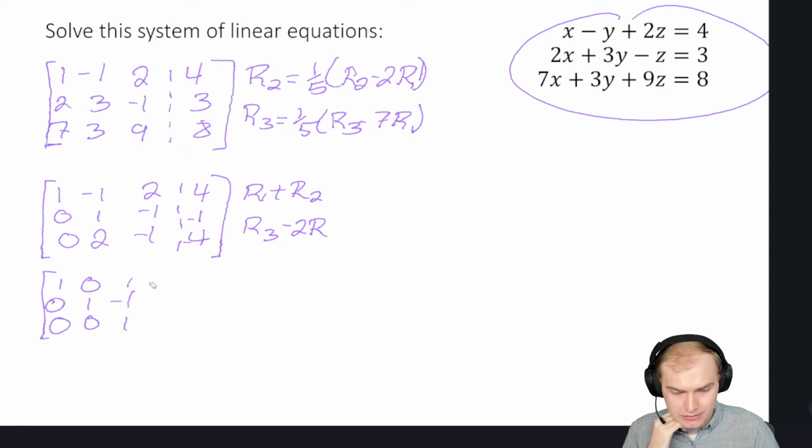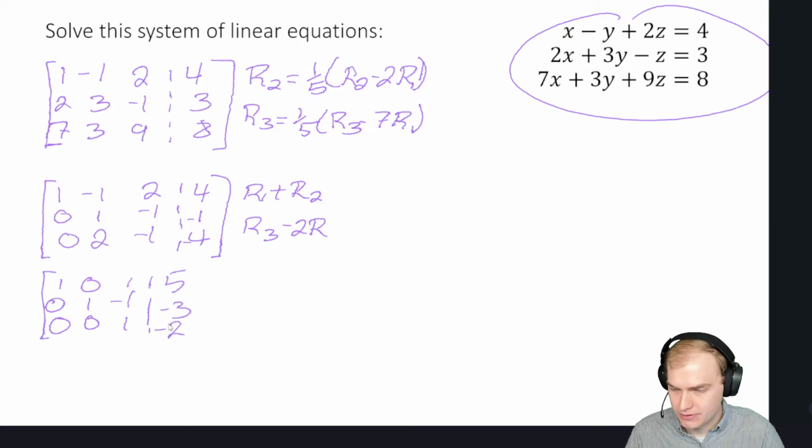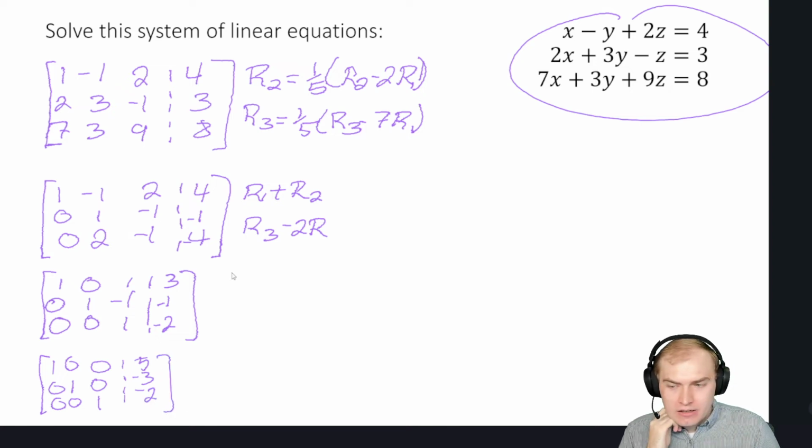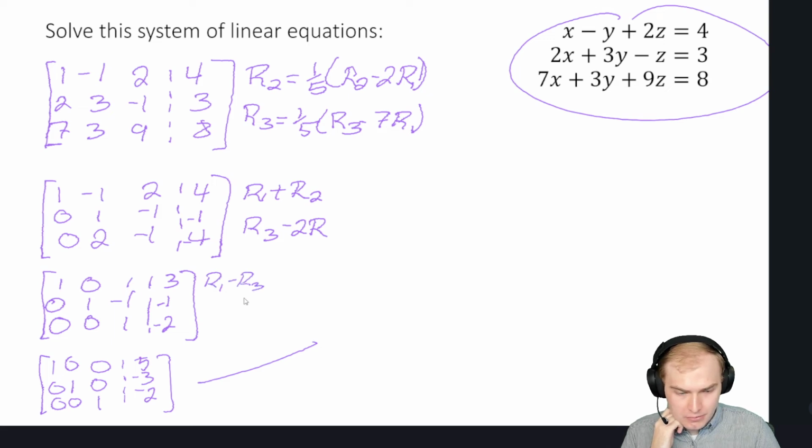Row reduce it until we get to an identity matrix on the left-hand side. And that tells us, let me put the row operation in: row 1 minus row 3, row 2 plus row 3.